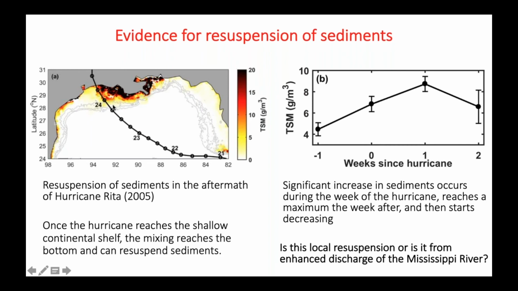These contours represent the bathymetry, and the levels I believe are 200, 150. So as you go closer to the coast, there's a sudden decrease in water depth. And over the shallow continental shelf region, there's a substantial increase in sediment concentration in the water. Or in other words, a lot of sediments are suspended.